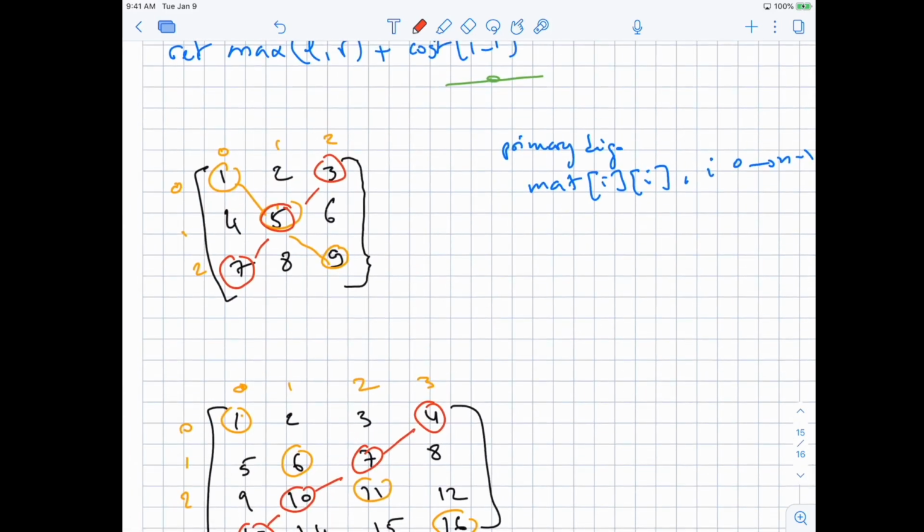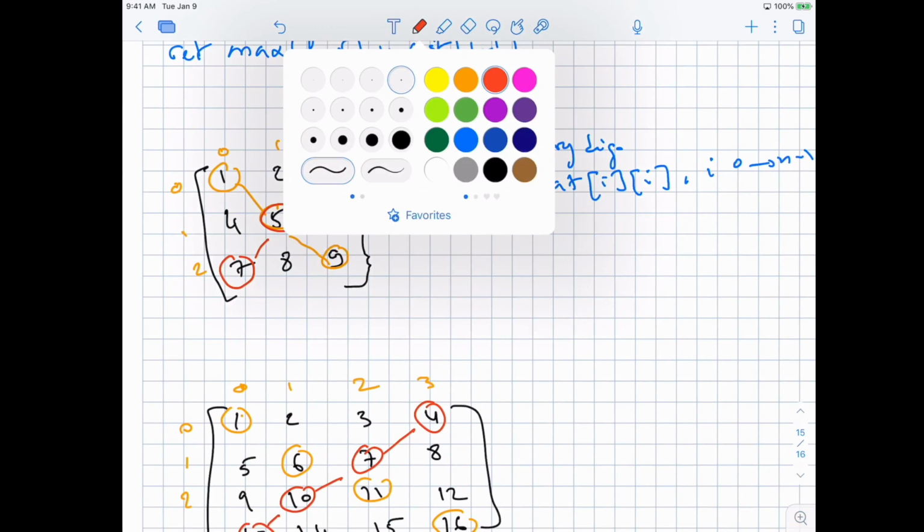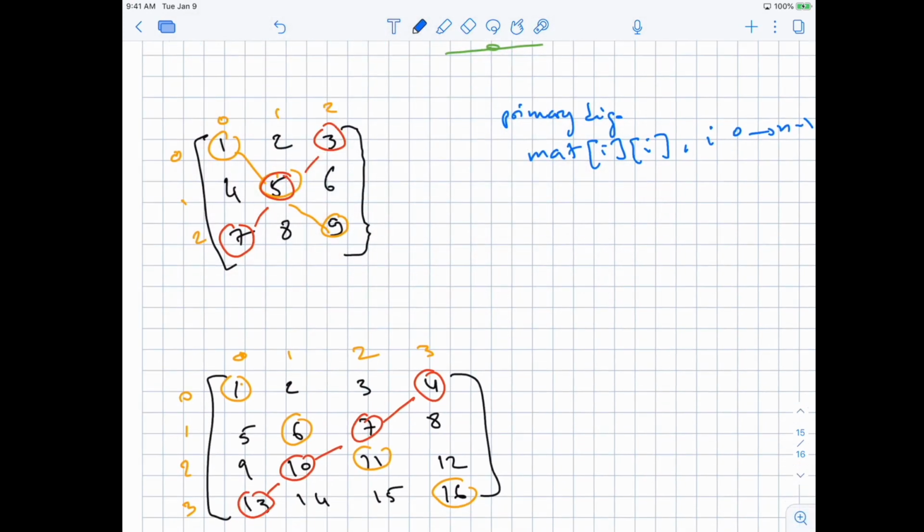One thing you notice here, even if you didn't know about this formula before, is that it's 2 plus 0, 2 plus 1, and then 2 plus 2. Here the sum is 2 plus 0, and then here is 1 plus 1, and the other one is 0 plus 2.